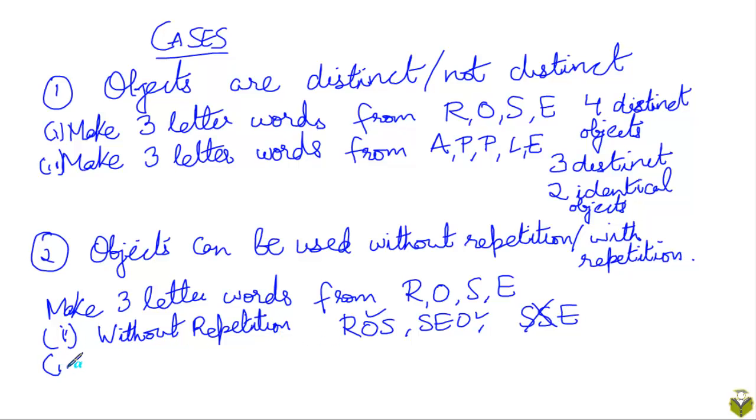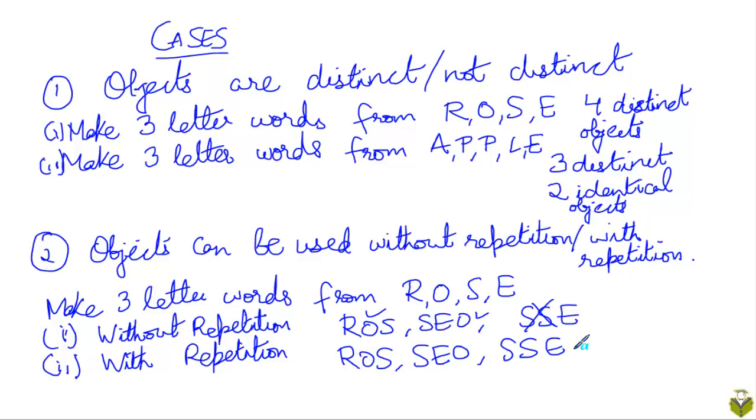But if you are allowed to use objects with repetition, then all the possibilities are fine. ROS, SEO, SSE, SSS, and everything. So all these possibilities are okay, because you can use the objects with repetition.